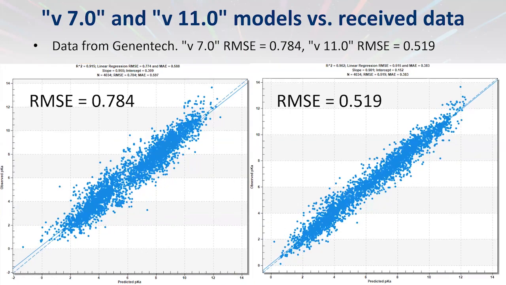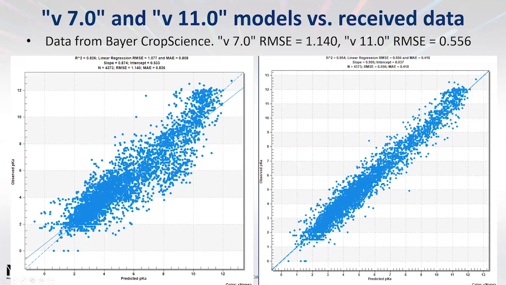The data set shared by Genentech, 2,400 compounds, same deal. The RMSE improved to about 0.3 after using it in model building. And finally, Bayer Crop Science improved quite a lot. Okay, this was the most challenging set.